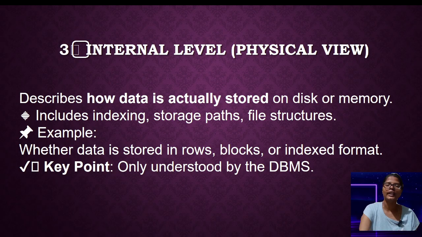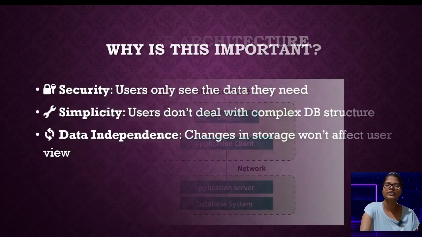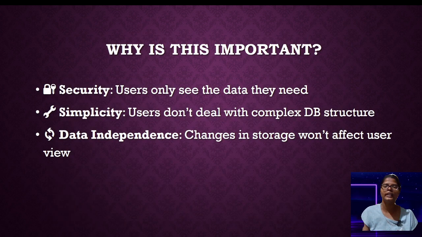So finally, there are three levels, which together form the three-tier architecture. Why is this level of architecture important? Based on the type of user, you are maintaining the access. Users can see what they want to use and access. If the student needs only student details, the teacher needs all the students of a particular section, and the principal needs all the branch details.